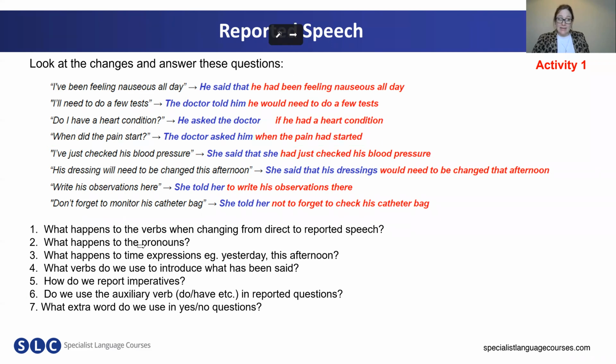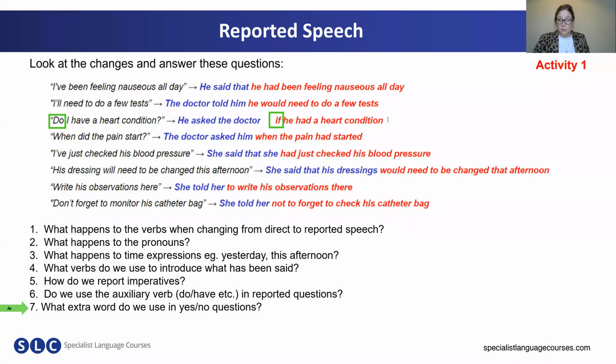Then thinking about yes/no questions, so if the answer is yes or no, for example, do I have a heart condition? What extra word do we use there? And the answer is if. Okay, so for yes/no questions, we use if. Again, we do not use an auxiliary verb like in direct questions, okay?